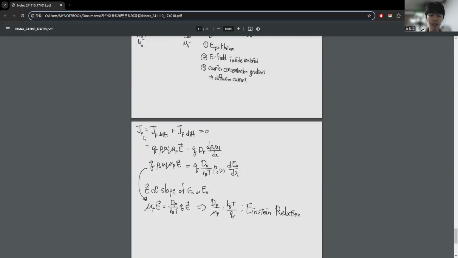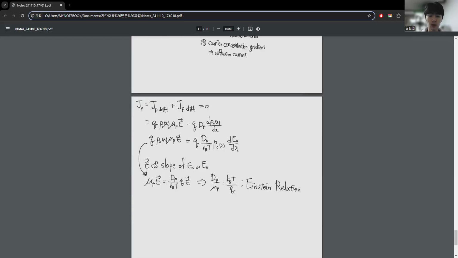So Jp equals Jp drift plus Jp diffusion equals 0. So Jp equals q p0 mu p E minus q Dp times dp0 over dx.